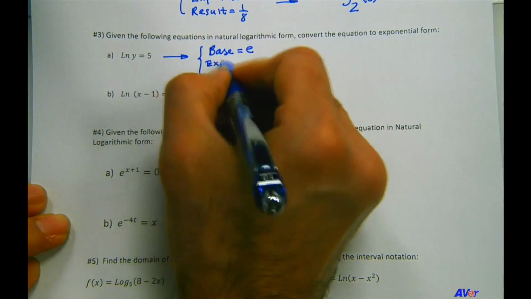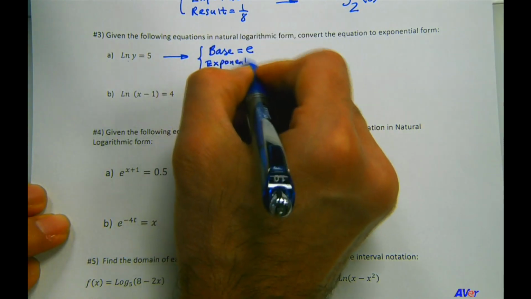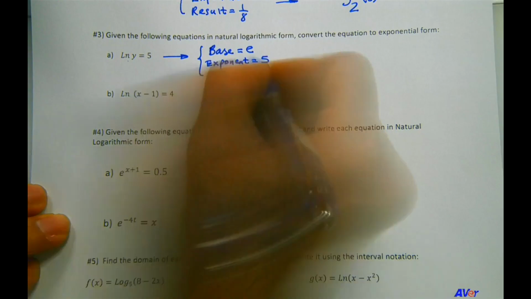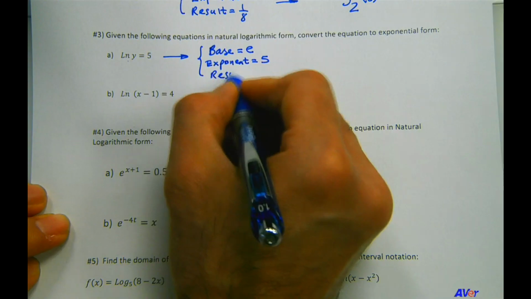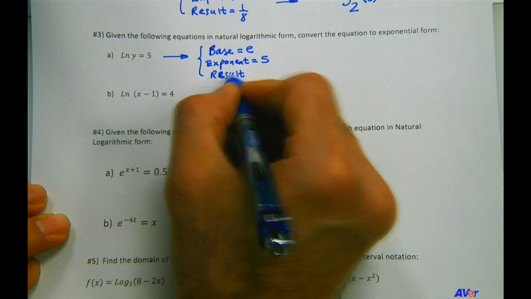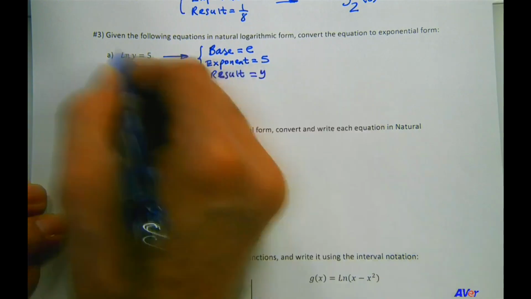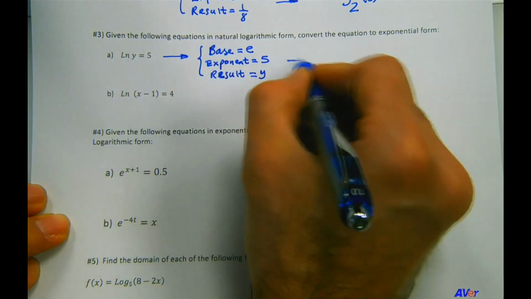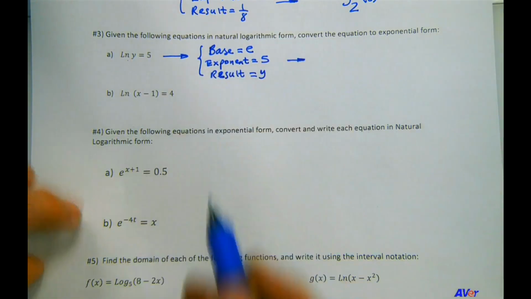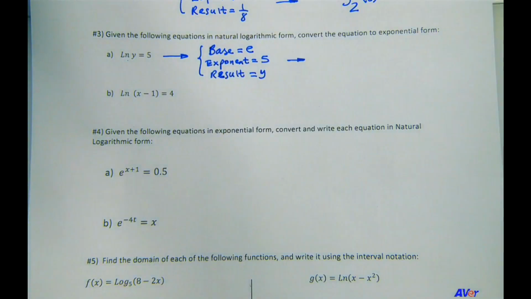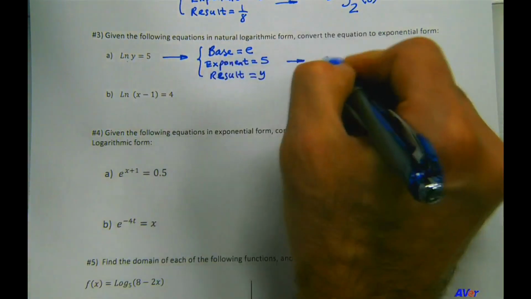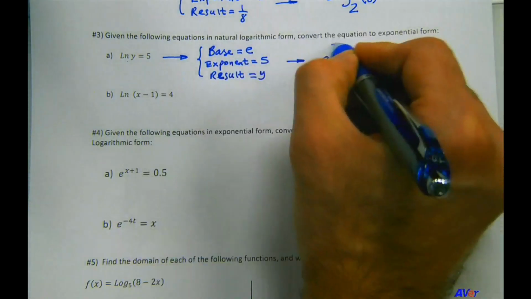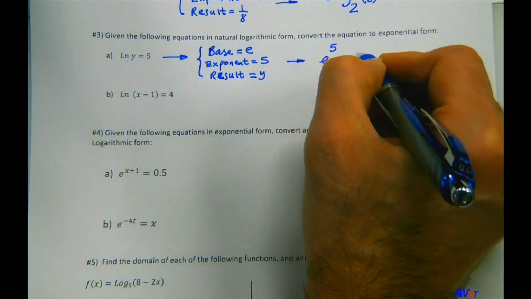So the exponent is equal to 5, and the result is equal to y, right? So let's put it together in an exponential function form. So the base is e, the exponent is 5, equals y.